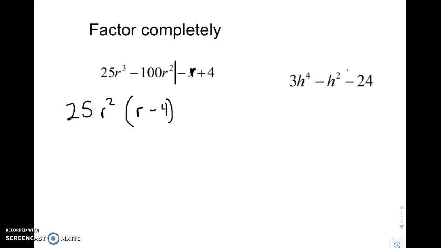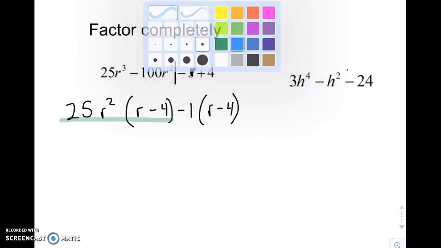So we need to find that exact thing in this. And so we have an r -4. This is a -r +4. We just need to factor out a -1. Okay? And so we have positive r and -4. So now we have two things here, the green thing and the blue thing.